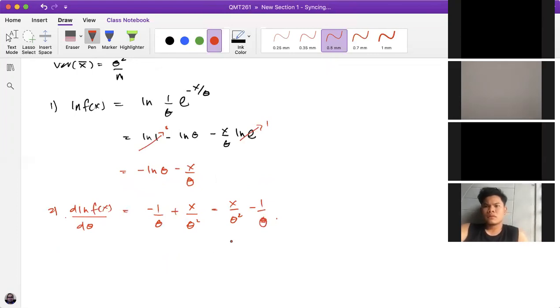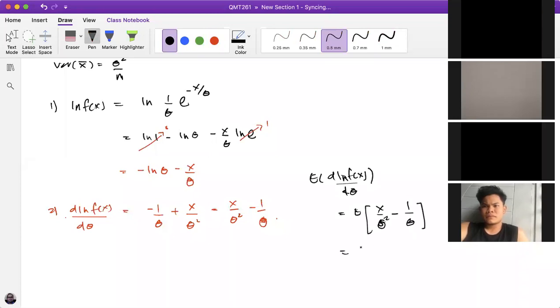Now look at the expected value of the derivative of ln f(x) with respect to theta. This equals the expected value of x divided by theta squared minus 1 over theta, so theta over theta squared minus 1 divided by theta.